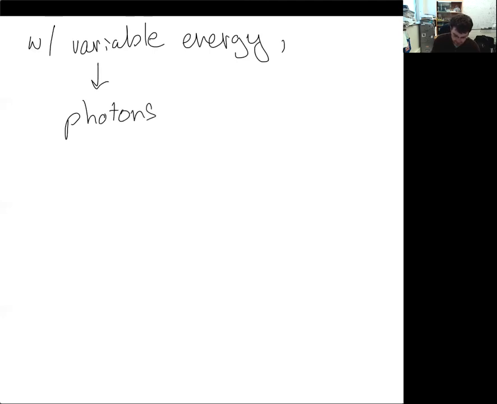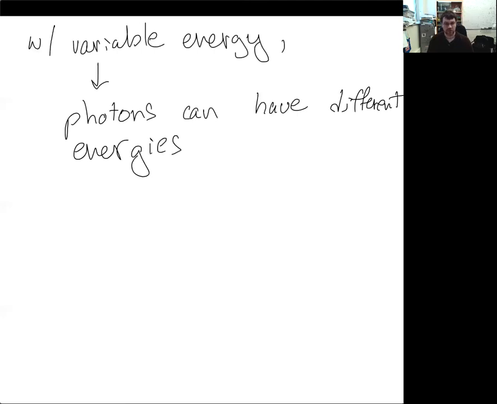That is, if they have variable energy, with variable energy, this is going to sound a little bit redundant, photons can have different energies, and we'll appreciate that a lot more readily as we go through the content for this module.